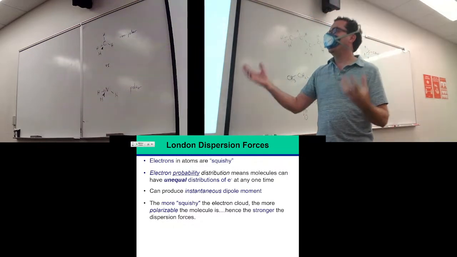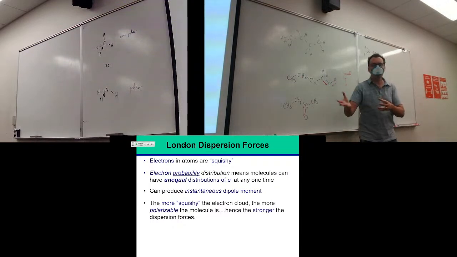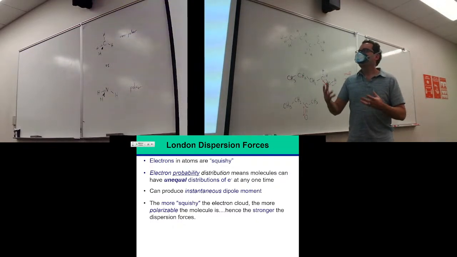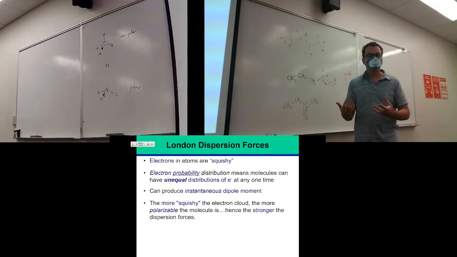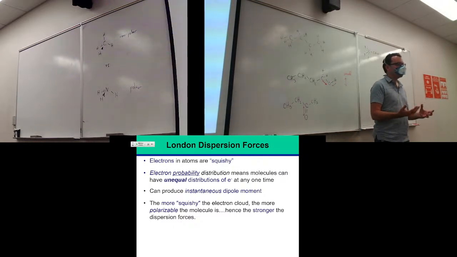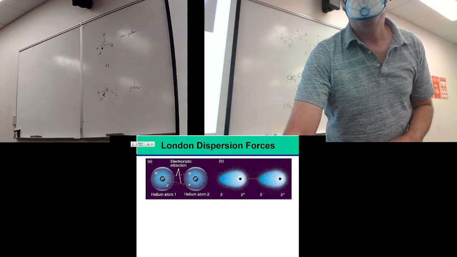So the fact that electron clouds can be distorted, squished, moved around, this is a property of an atom called polarizability. Some atoms are more polarizable than others, meaning some atoms, some molecules can have their electron clouds distorted more easily. And I think if you think about it, you understand which ones would.